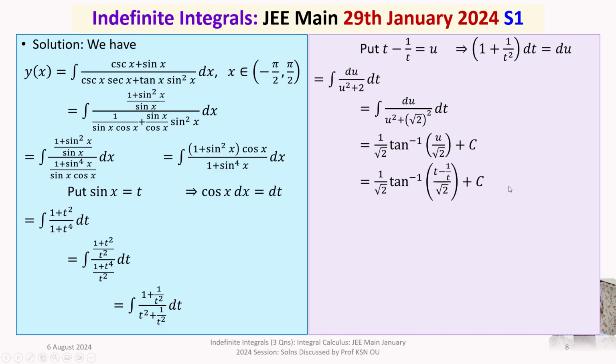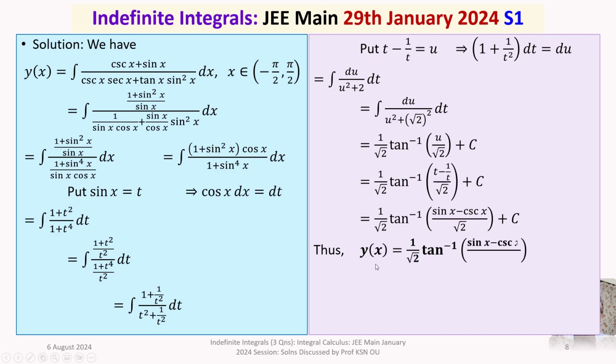For t we substitute sin x: 1 by root 2 tan inverse of (sin x minus cosecant x) by root 2 plus c. Right. We have this relation. Y of x we have obtained. For further simplification, we go to the next slide.